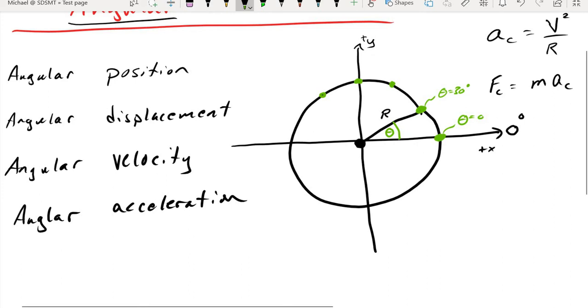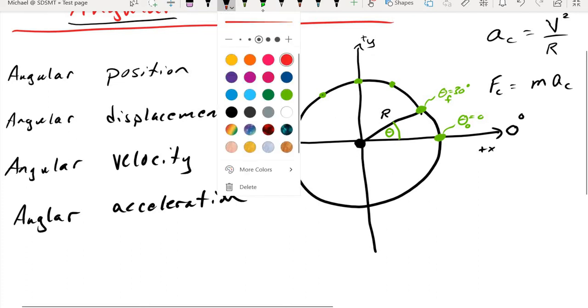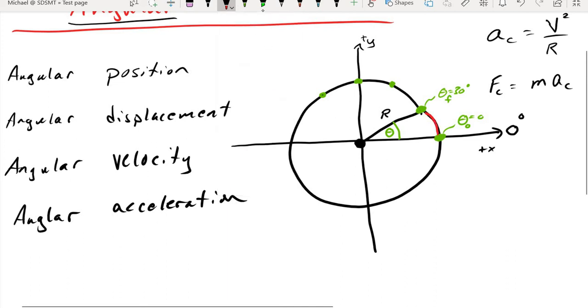But I don't want to make the mistake of calling everything theta. We might want to distinguish between the two as we move. If I move from our first point to the second point on the circle, well, there is a physical displacement that is occurring there, but, well, there it is, displacement.